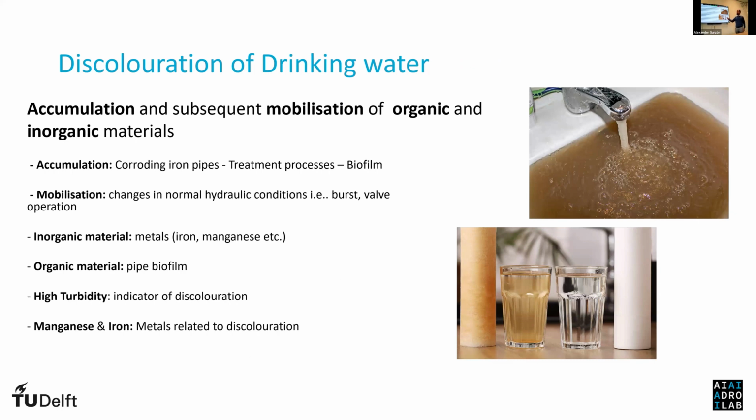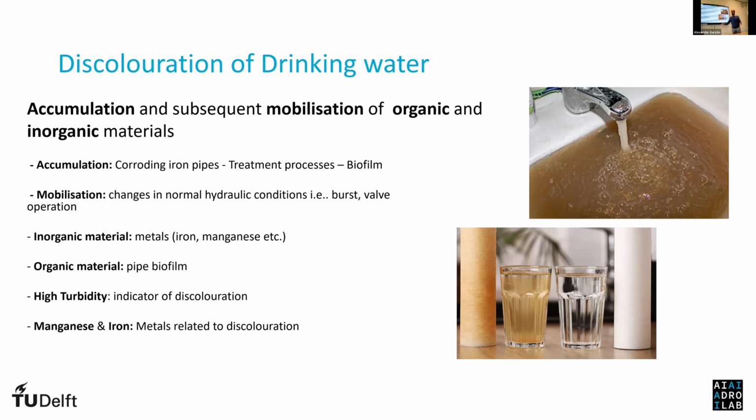Now talking about discoloration. Discoloration is this thing. When you open your tap and you see this gray water, it appears in the drinking water because you have material moving with the water from the treatment up to distribution pipes. And once this material is moved, it accumulates in the pipes, and then you have a sudden mobilization in the network.